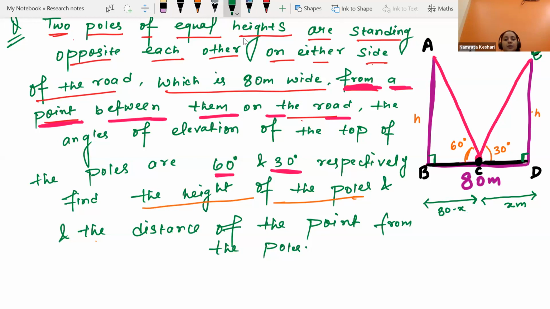Since the total distance is given, why take different variables, like CD as x and BC as y? Why use these variables? We will use the condition that the total distance is 80 meters. If we call one of them x, then the other will be 80 minus x. Any confusion so far in the figure, in the question part?